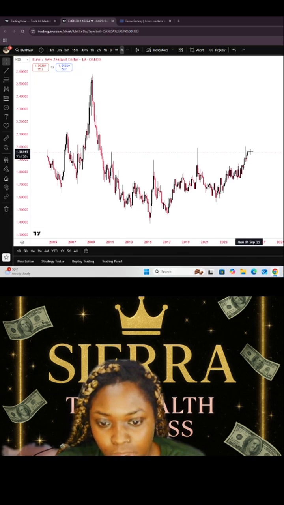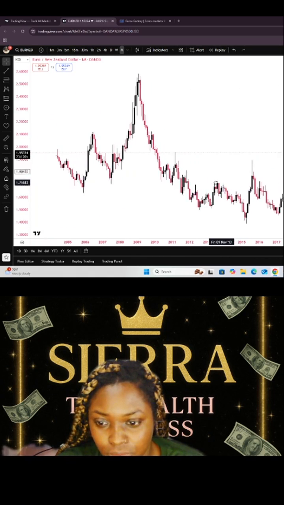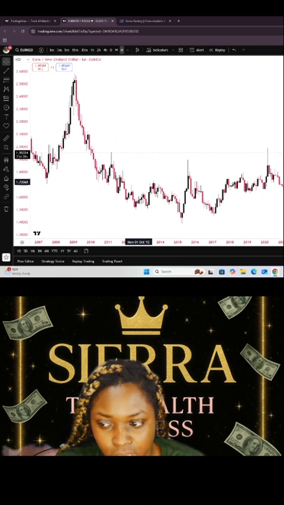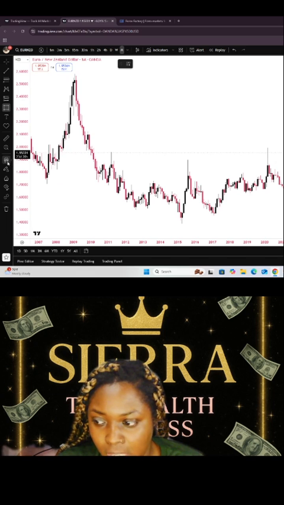So I'm looking in this area, and just because my eyes are trained and I'm used to it, right here, I see a fair value gap, okay? So I'm going to take out my rectangle tool. I'm going to take out my magnet tool. I'm going to go from the previous candle to the candle after the fair value gap. I'm going to go from wick to wick.